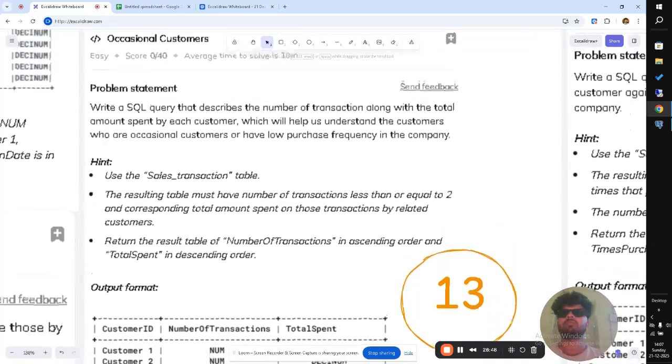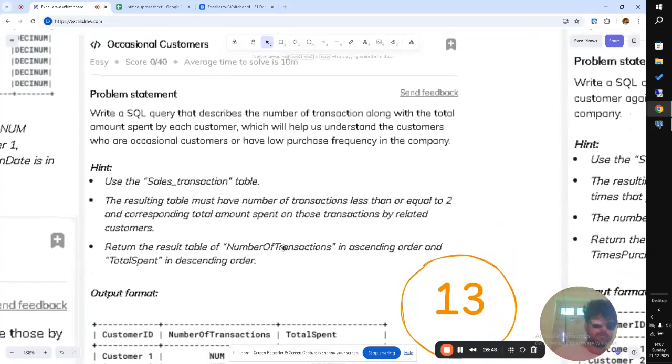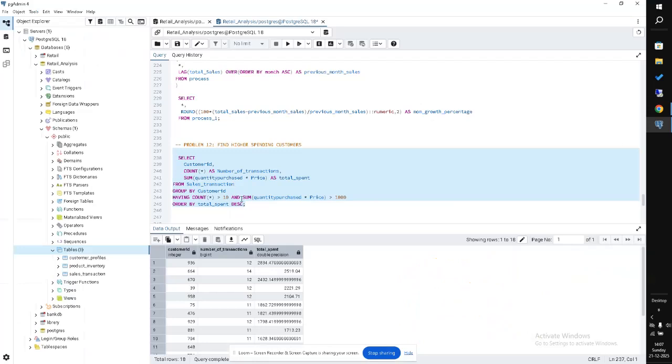Okay, what is the problem statement? Occasional customers. Problem number 13.